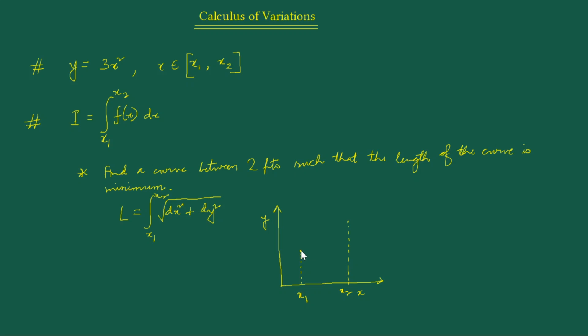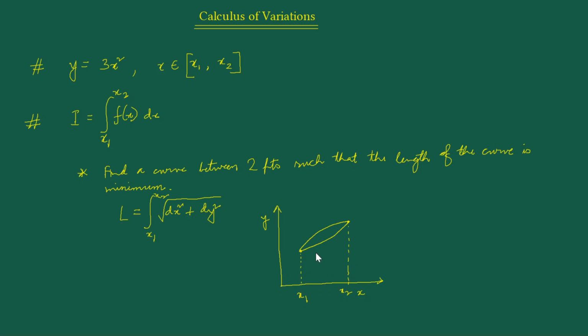So of course you know that the curve which is going to give us the minimum distance joining these 2 points is going to be a straight line. But suppose you did not know this and you took different choices of this curve like this.